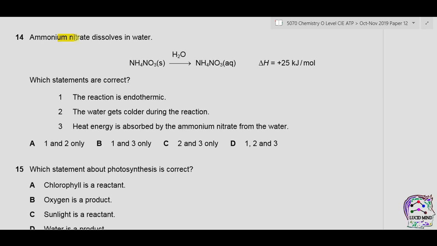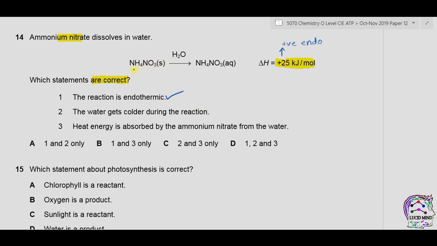Question 14. Ammonium nitrate dissolves in water. This forms aqueous ammonium nitrate and the enthalpy change is positive 25 kilojoules per mole. Which statements are correct? Number 1. The reaction is endothermic. As we can see that the enthalpy change is positive, it means that the reaction is endothermic as energy is absorbed. So statement 1 is correct. 2. The water gets colder during the reaction.